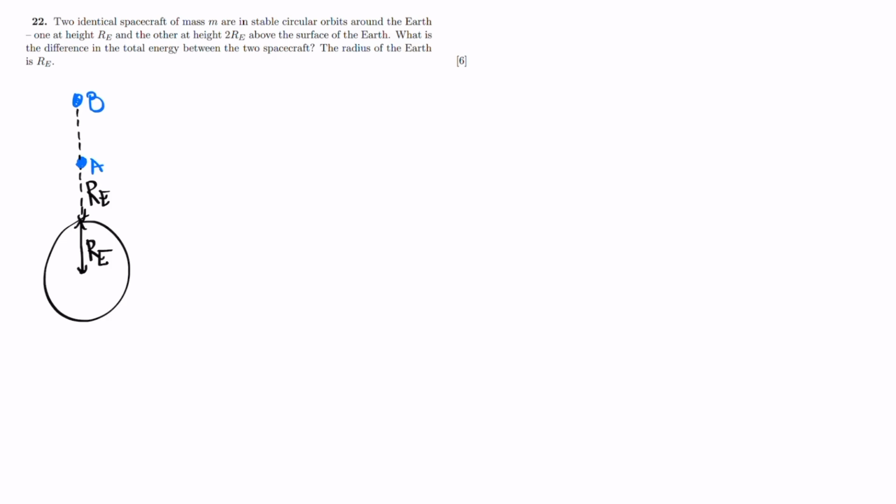Okay, well, the difference in energy, delta E, will be given by, let's say, EA take away EB. The total energy of the satellite is given by its kinetic and potential energy. So the kinetic energy of EA is just a half mVA squared.